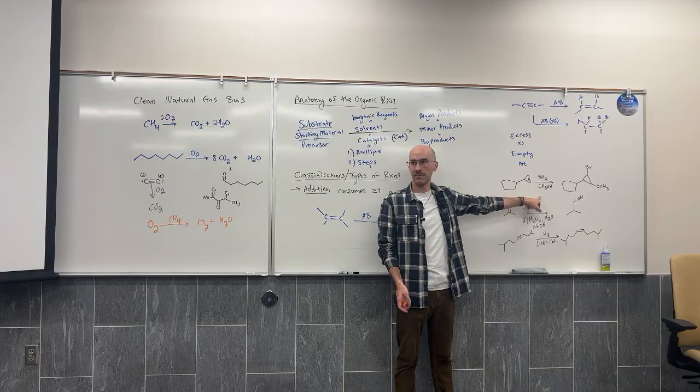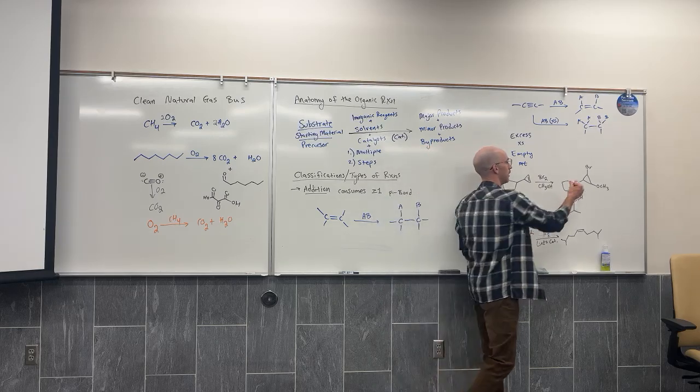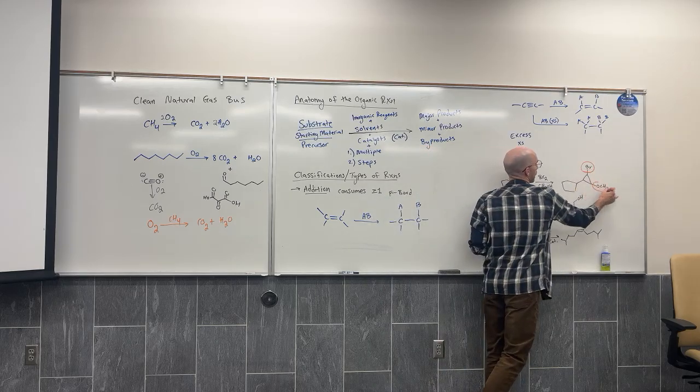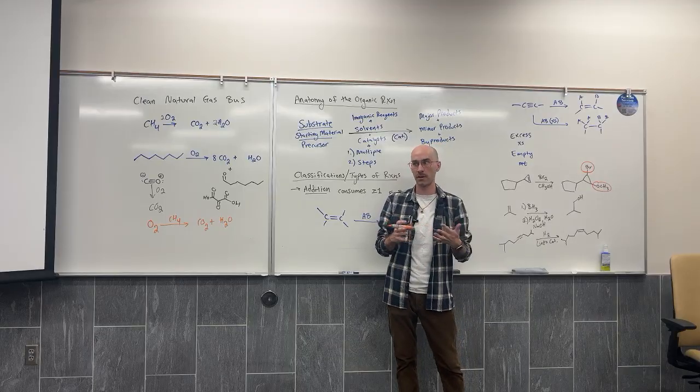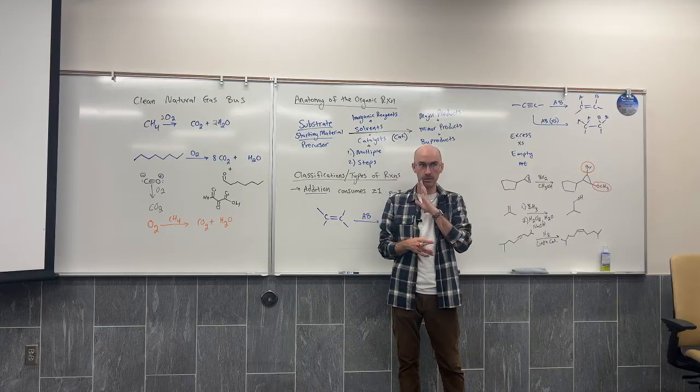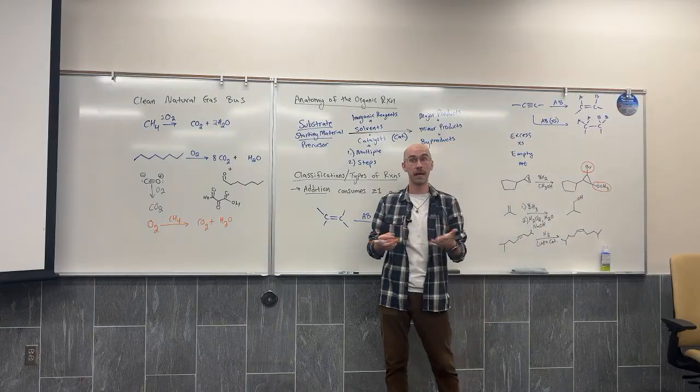Together, this reaction has added across the pi bond a bromine and a methoxy. And maybe you can see where the bromine came from, elemental bromine, and where the methoxy came from, methanol.